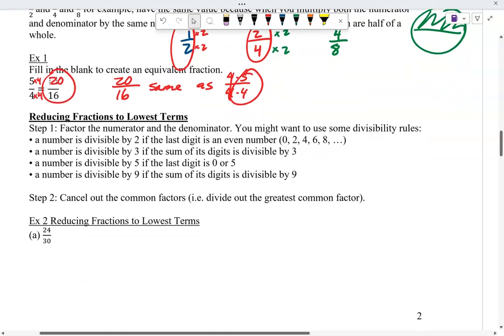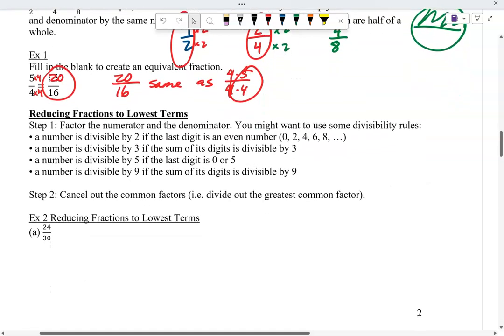And let's talk about officially reducing fractions to lowest terms. What I'm going to do is factor the numerator and denominator and then cancel out the common factor. So if you look at 24/30, if you factor 24, you're probably thinking, I know 4 times 6 is 24, and I know 5 times 6 is 30.